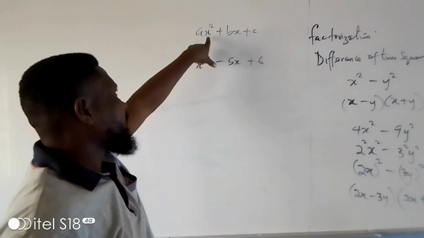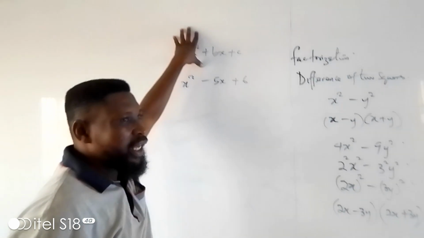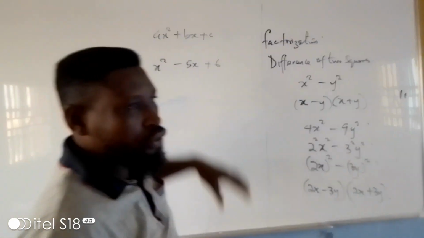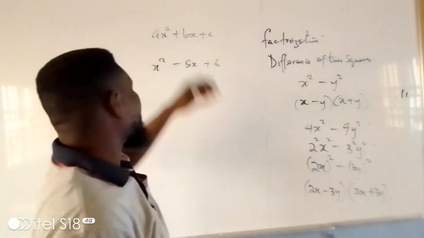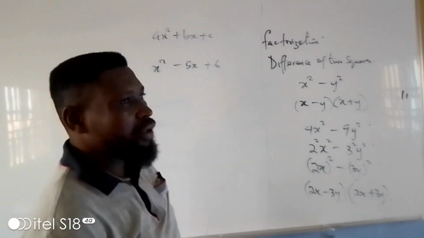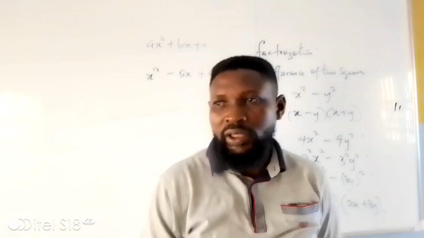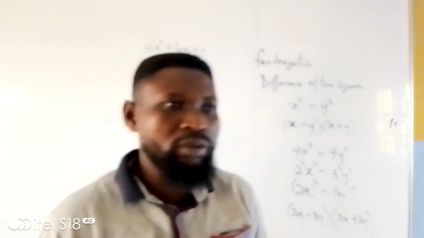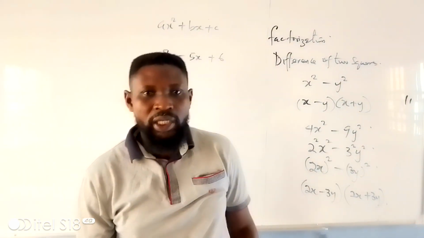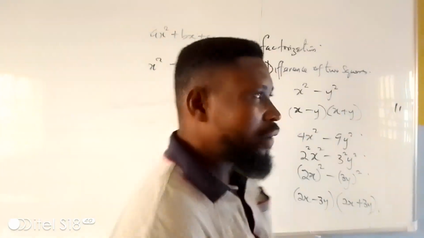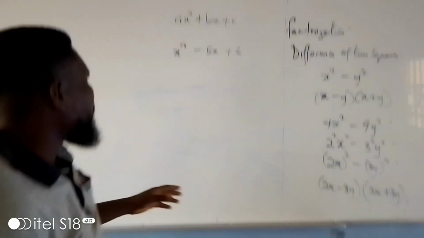The variable here is x, and you can see that the power of x here is 2. If the power of x is less than or greater than 2, then such an equation cannot be said to be a quadratic expression.